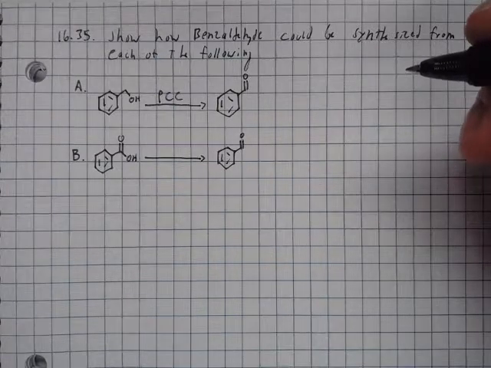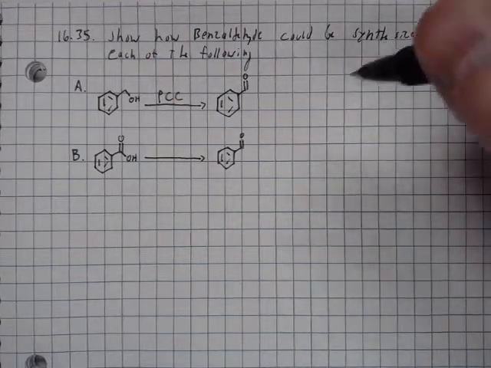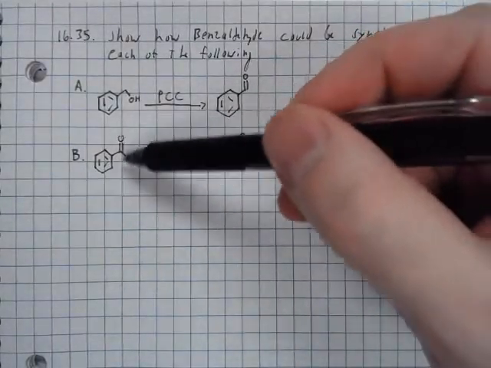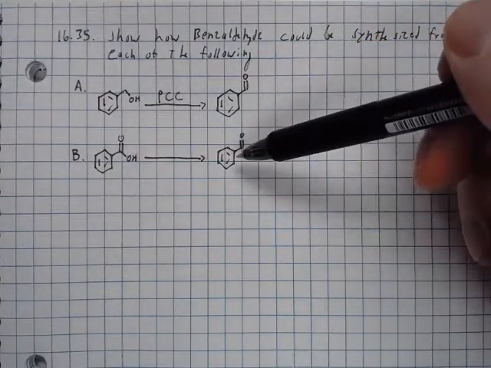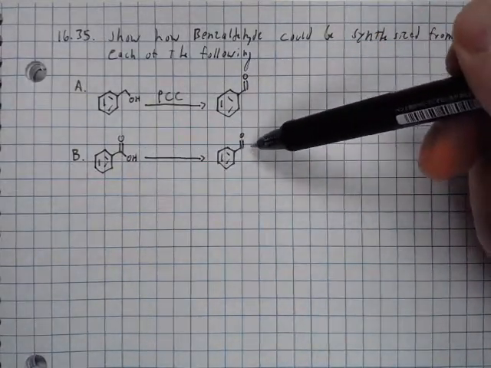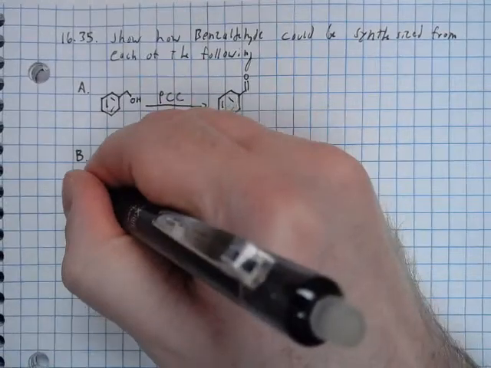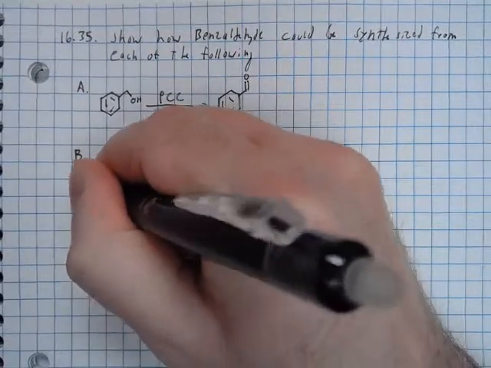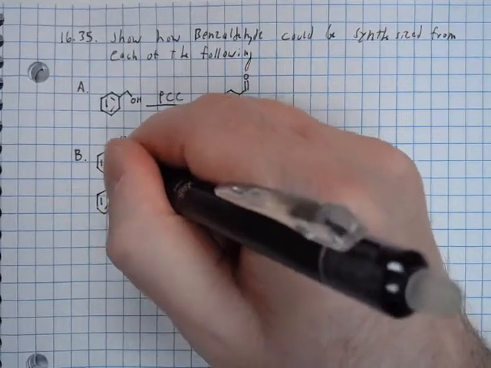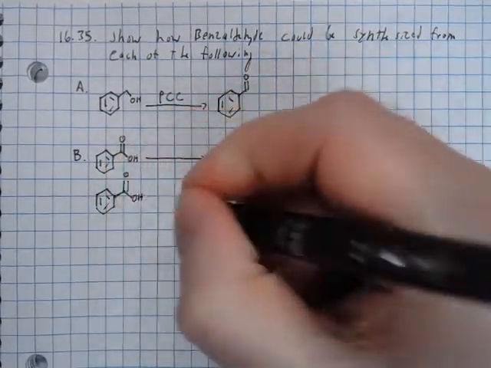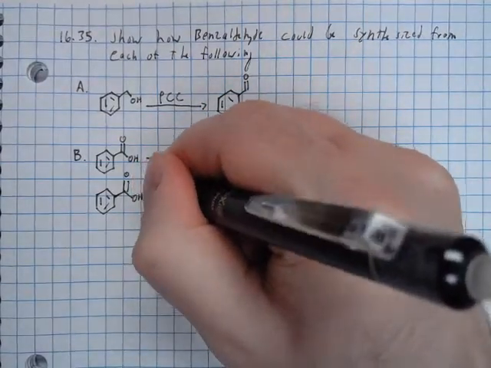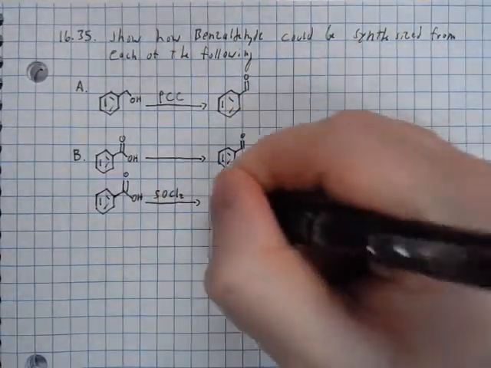Now we can't directly reduce the carboxylic acid to the aldehyde. We have to convert this carboxylic acid into something else that can be converted to the aldehyde. And one way of doing that is to convert this carboxylic acid to the acyl chloride using thionyl chloride.